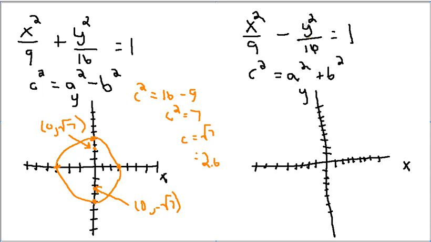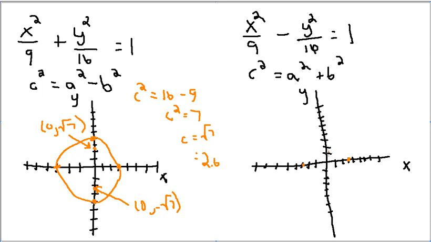For the hyperbola, this has a center of 0, 0 if it's in this form. And now we're going to use these values to go and find our vertices when we're dealing with the hyperbola. Same concept, but this time we sketch it a little differently. In this direction, I'm going to go 3 in the x direction.